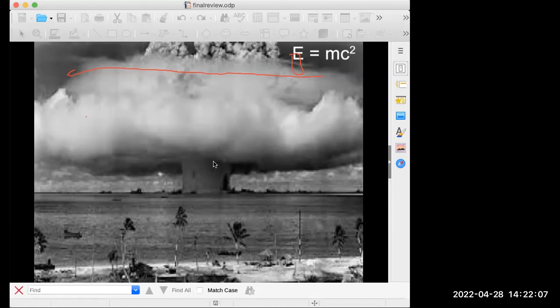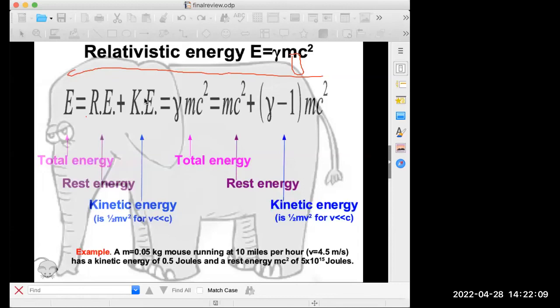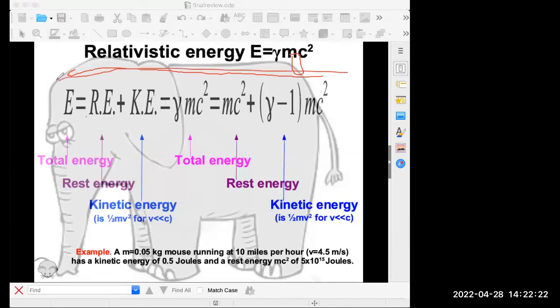And we talked about an equation in relativity that told us quantitatively about energy in relativity and how we needed to modify the equations for energy in relativity. Here it was, right? If I read across this equation here, it says that now we understand that a moving object has two forms of energy, a rest energy associated with its mass and a kinetic energy associated with its motion.